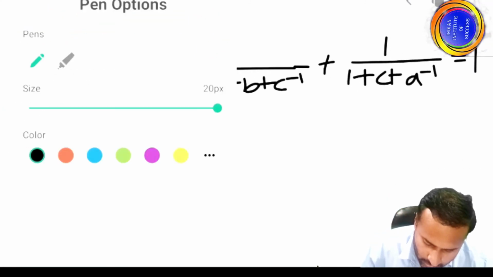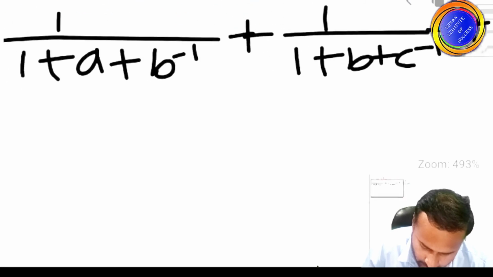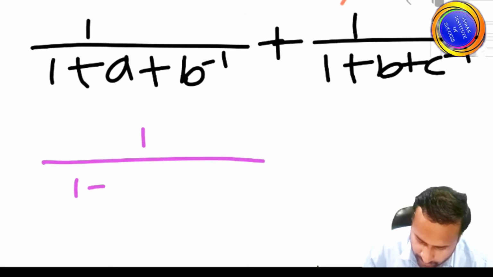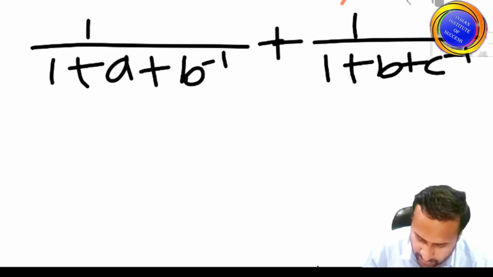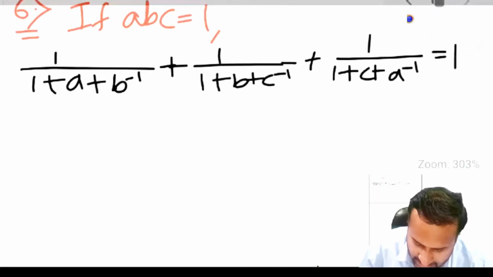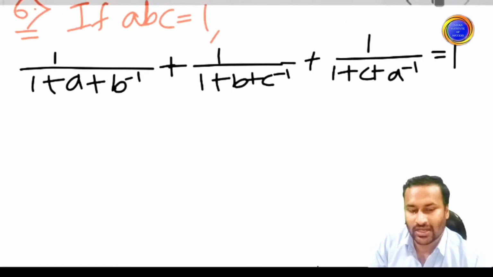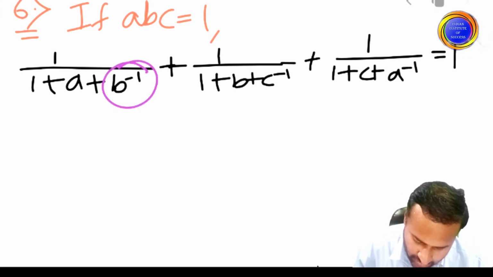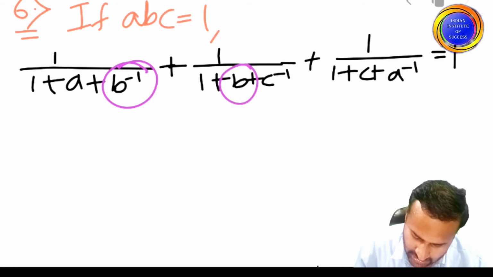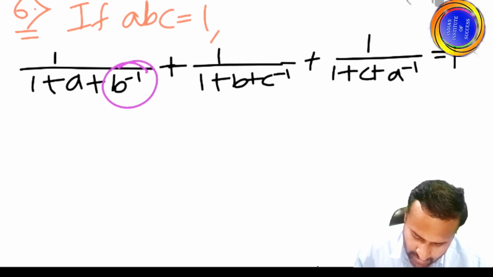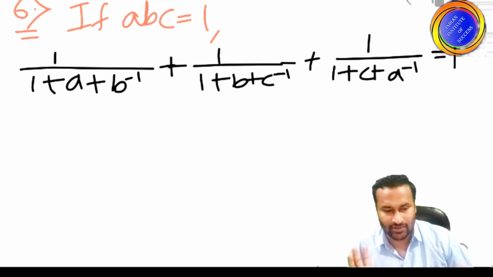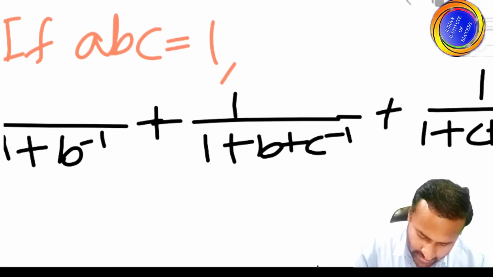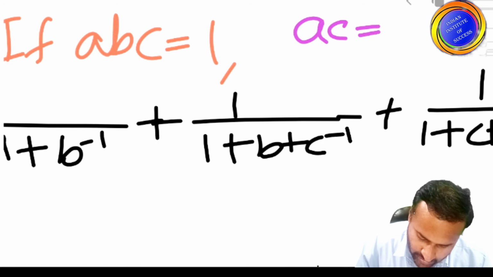Now we can channelize the solution in this way, that we can eliminate 1 upon b, wherever b is there. So we can eliminate one variable anyhow. If abc equals 1, it means ac equals 1 upon b.